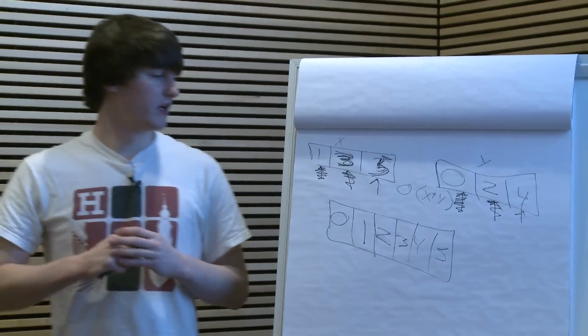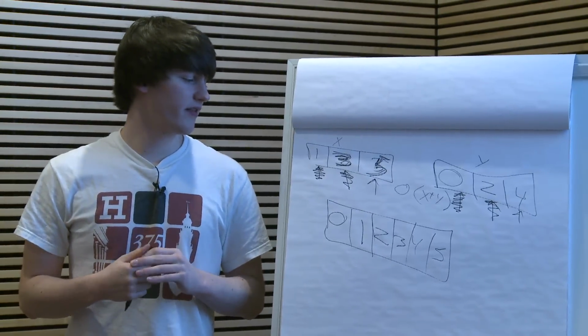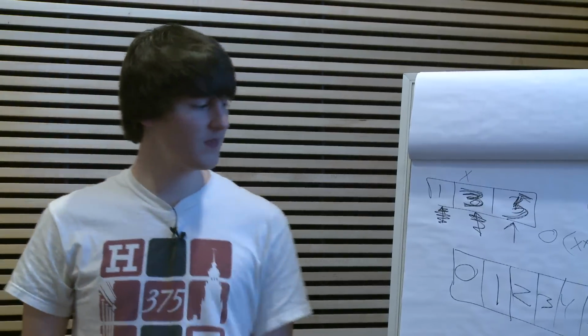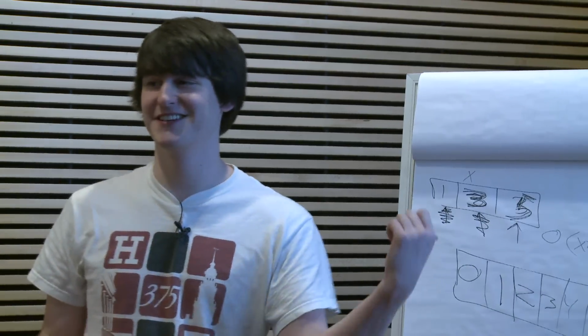So that is merge. It should be pretty obvious that it is linear time since we just go across each element once. And that is the biggest step to implementing merge sort, is doing this. And it's not that hard.